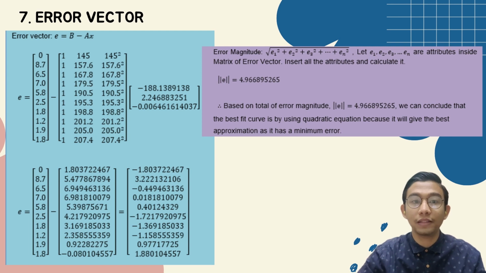In order to find the error vector, b minus Ax, after we use the formula, we get the error vector, which is negative 1.803722467, 3.222132106, negative 0.4494633136, 0.0181810079, 0.40124329, negative 1.72179200975, negative 1.36918533, negative 1.158555359, 0.97717725, 1.8801045557.